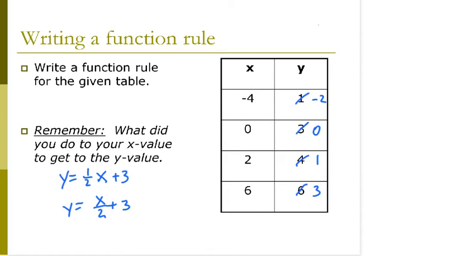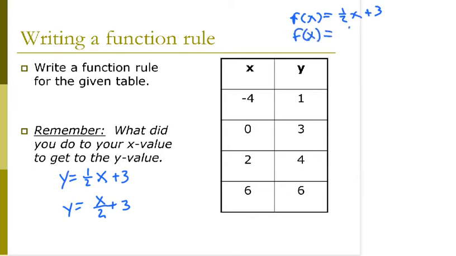Written in function notation, it would look like f of x equals 1/2 x plus 3, or f of x equals x over 2 plus 3. Both of those mean the same thing. Let's just do a quick check to make sure everything here is okay.